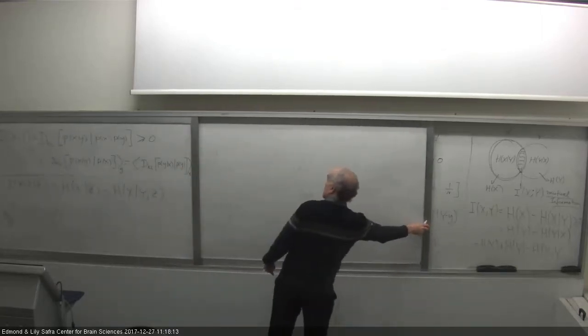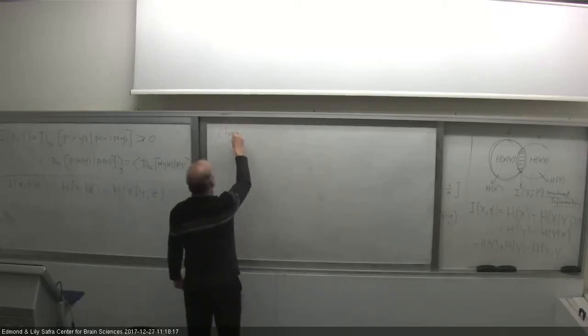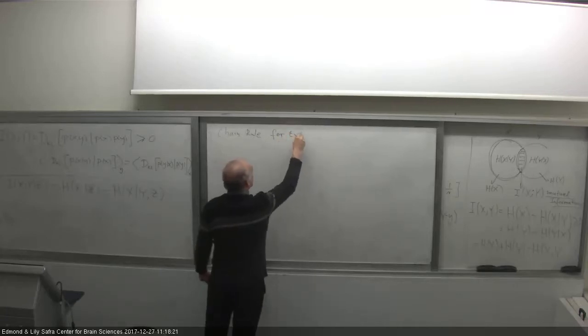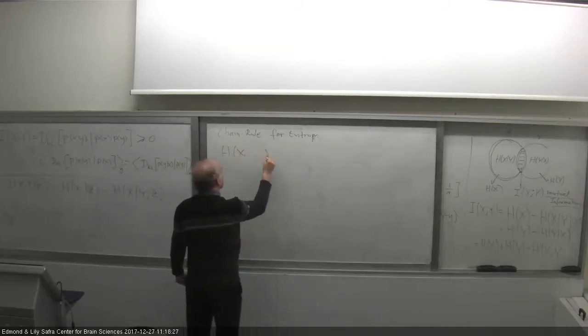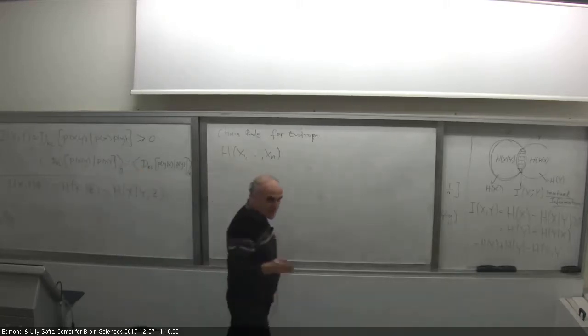So we have a chain rule for entropy, which is a very natural thing. So the entropy of a sequence of many variables, and of course we are interested in sequences of many variables all along. I mean, we really want to think about many observations, many random variables.